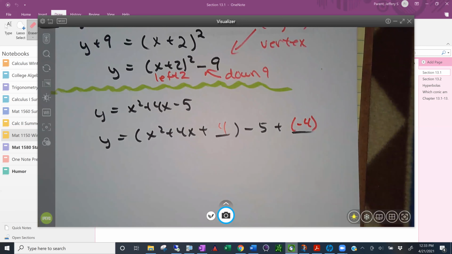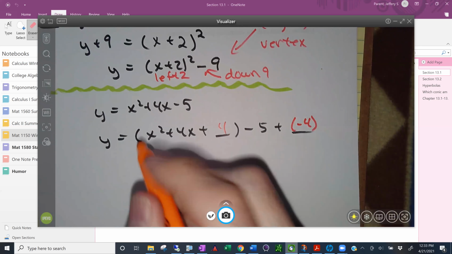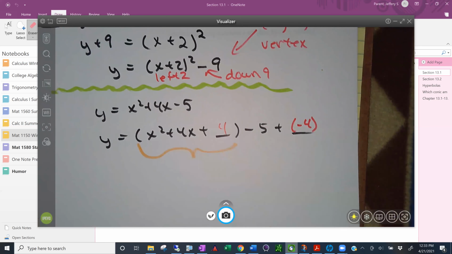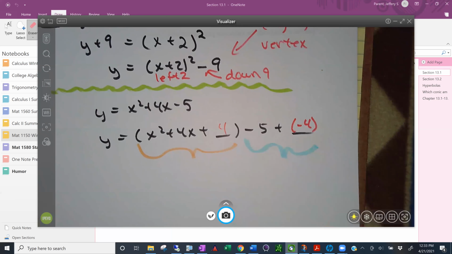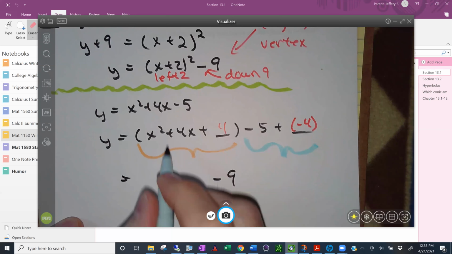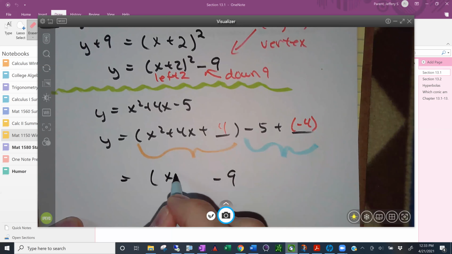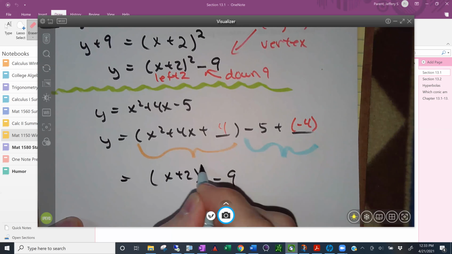And then both of these are going to simplify. That'll simplify, and this will simplify. That latter part turns into a -9. And then this part turns into your x plus 2 squared. All right.